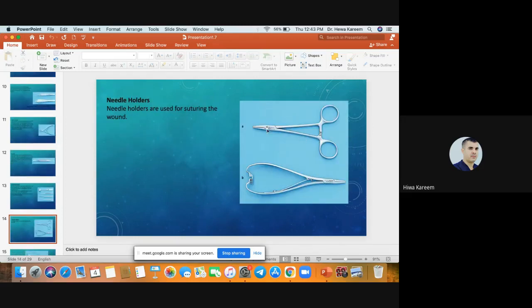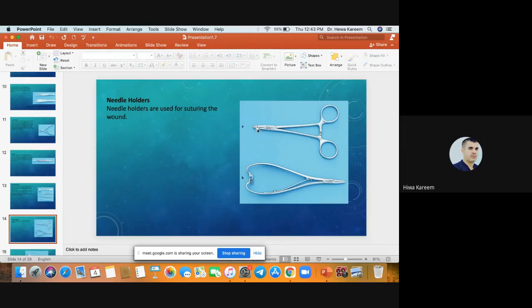This is a needle holder. The needle holder is used for suturing the wound. What is the difference between a needle holder and mosquito or artery forceps?